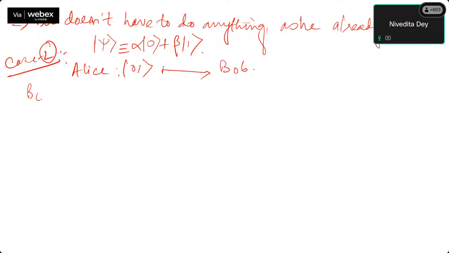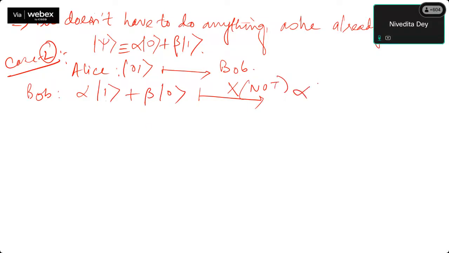And what Bob received is alpha 1 plus beta 0. Now, if we apply an X gate, the NOT gate or the flip gate, it will make this 1 to 0 and this 0 to 1. So it will make it alpha 0 plus beta 1. Is this the correct state now? Yes.